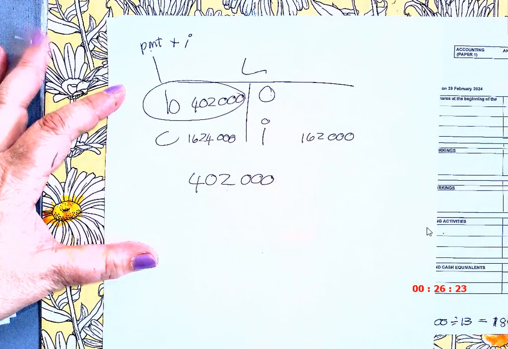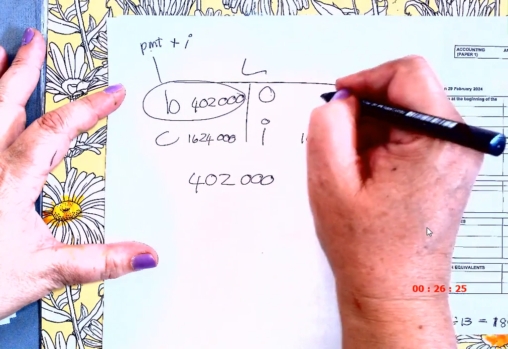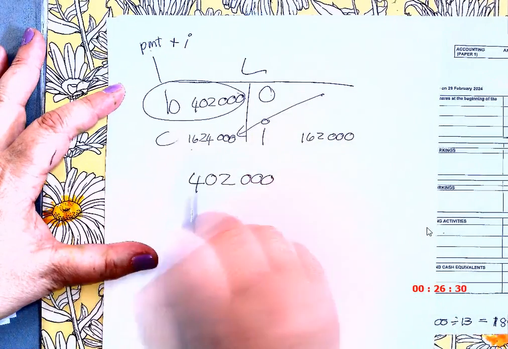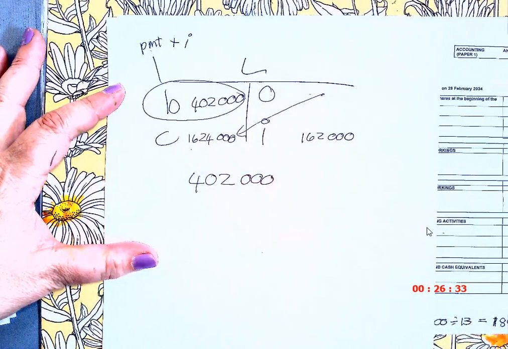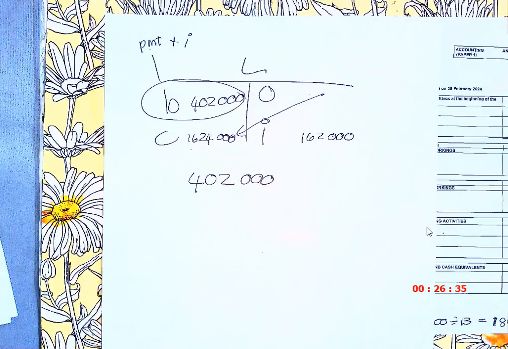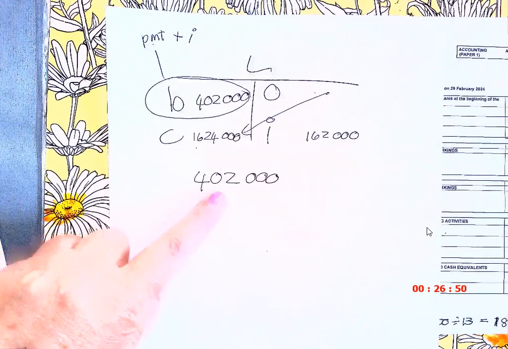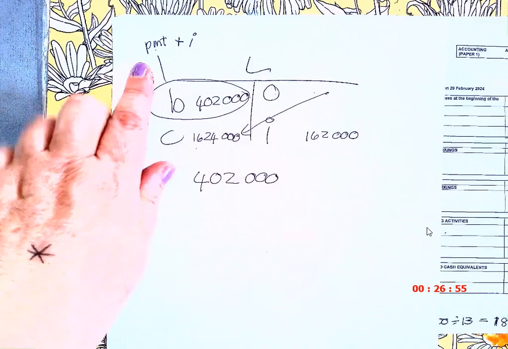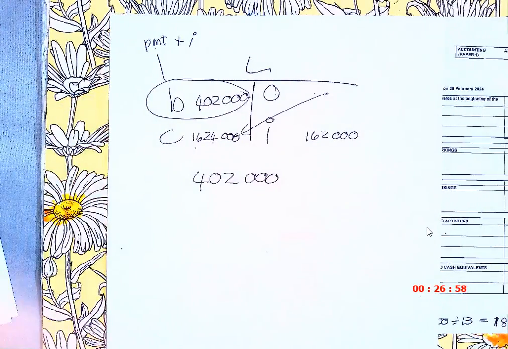But the closing balance is now less than the opening. Because I pay back every month or every year, the amount I pay interest on becomes less. So my interest will become less. If I pay exactly the same amount, can you see a smaller part will now go to interest and a bigger part will go to the loan.